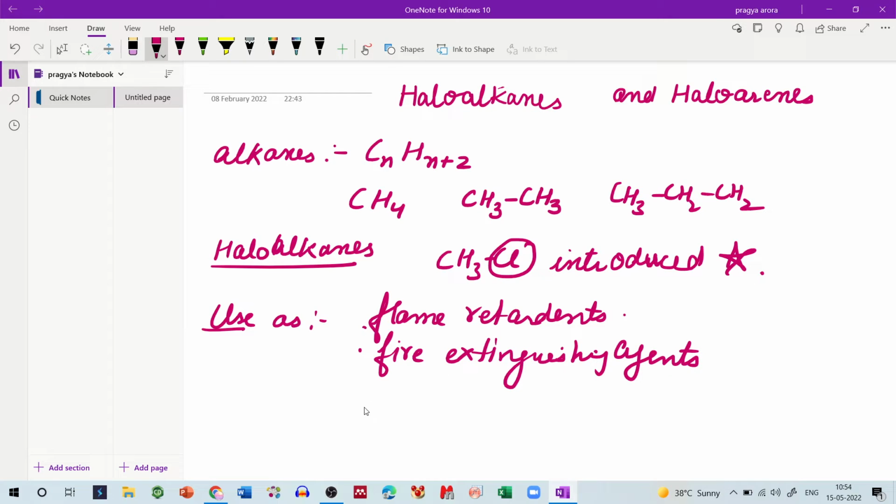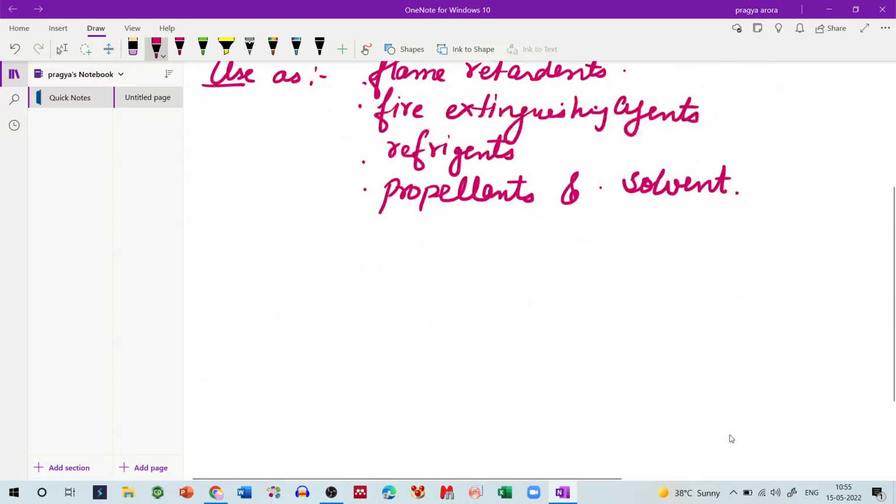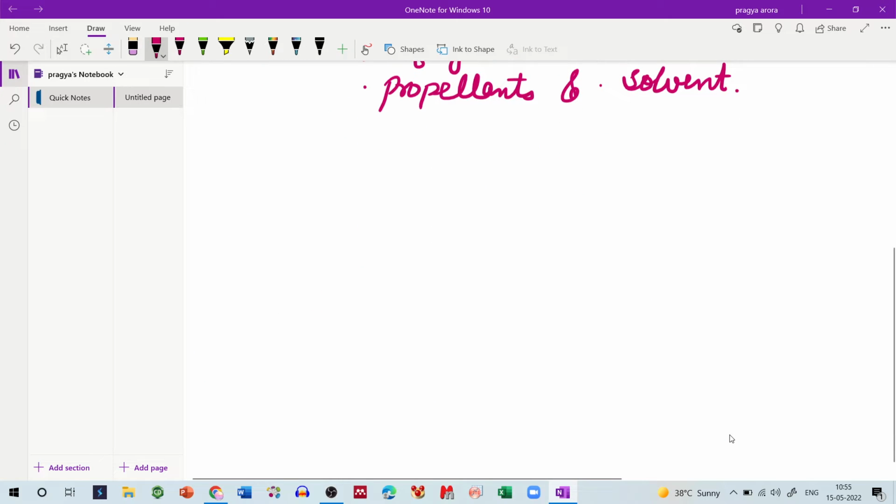Also, these are used as refrigerants, propellants, and most commonly used as solvents in the laboratories.